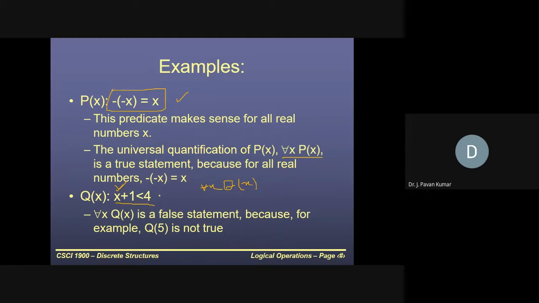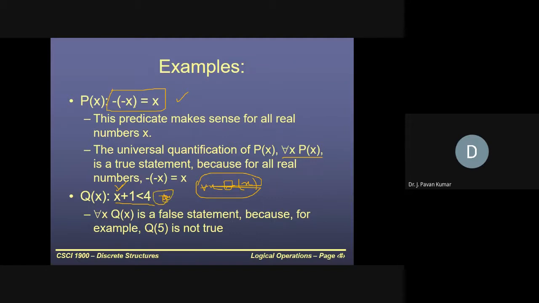Is it true? No. So can we consider for all x, Q of x in this particular example? No. Why? Because for all the values of x, this predicate does not hold the truth value. That's why we cannot say for all x in this particular example.